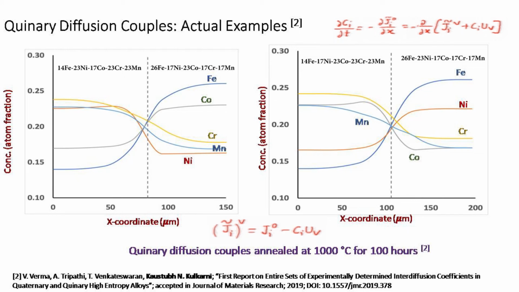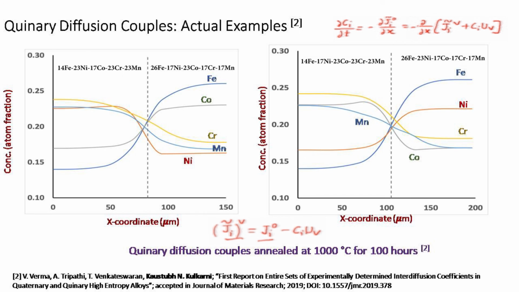If u v is 0, which is the case when molar volume is constant, then you can see the volume fixed frame and the stationary frame would coincide, or the fluxes determined in any of the frames would be the same. And so, we can directly substitute here and solve this equation.